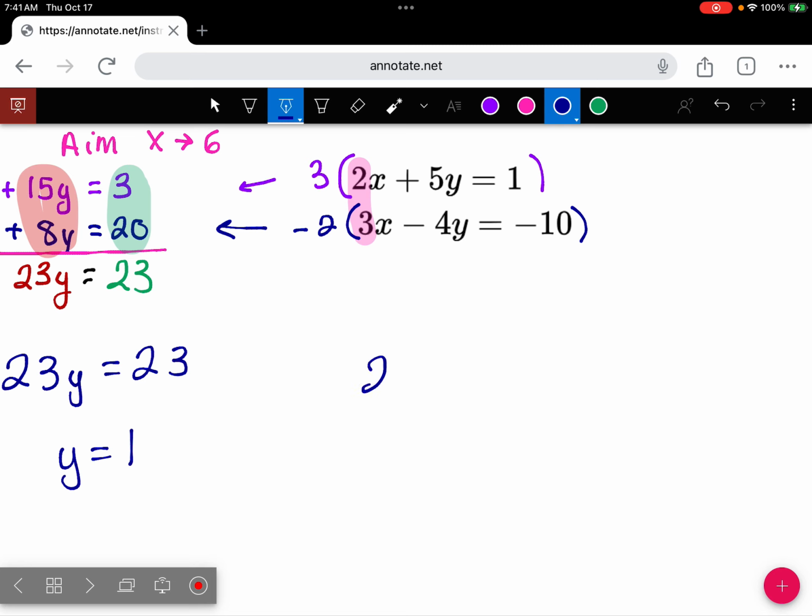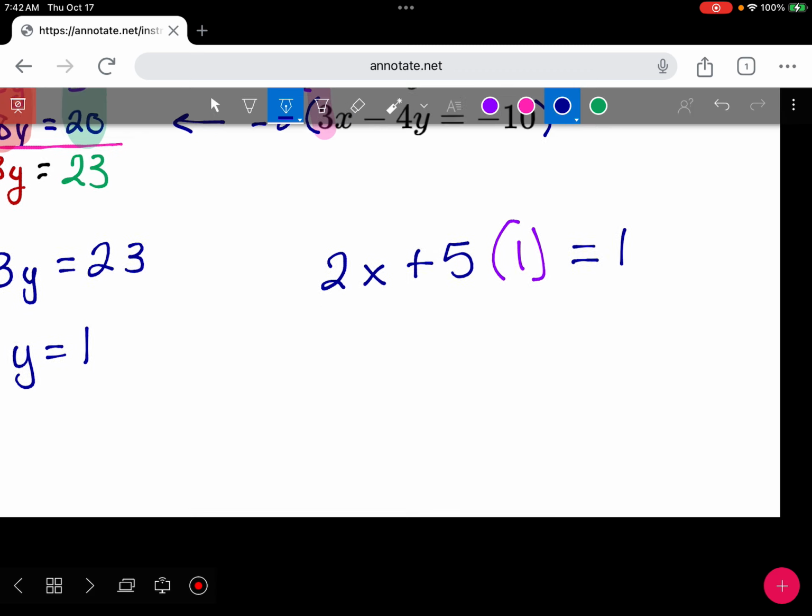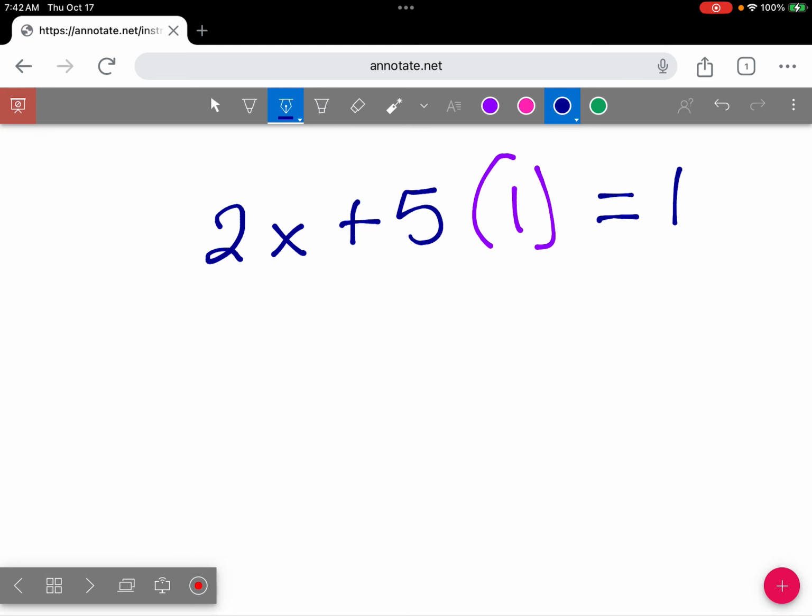So we're going to have our 2x plus 5 times our y, which is 1, equals 1. And then we're going to simplify that. We've got 2x plus 5 times 1, which is just 5. Then what do we do? I heard it.